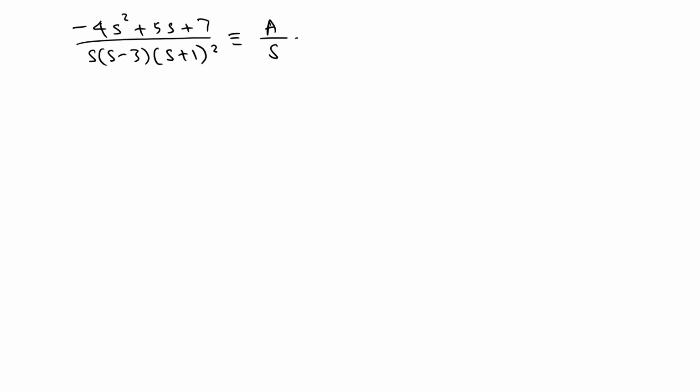So the form is negative 4s squared plus 5s plus 7 over s, s minus 3, and (s plus 1) squared. And I can see that it is A over s, and then we have B over s minus 3.